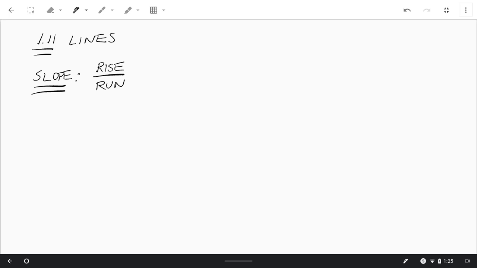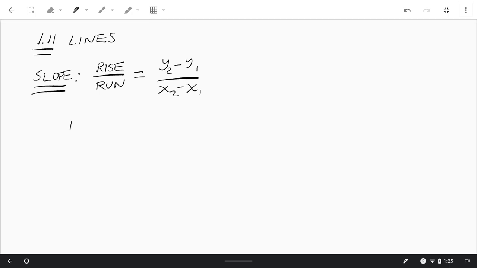Maybe you guys think of a formula. So maybe you think of this formula, y2 minus y1 over x2 minus x1, the change in y over the change in x. That's a possibility too.